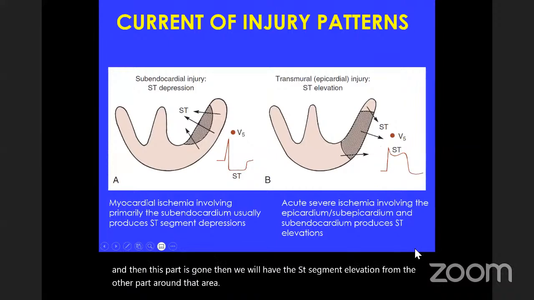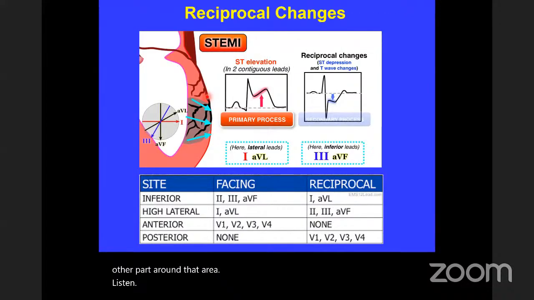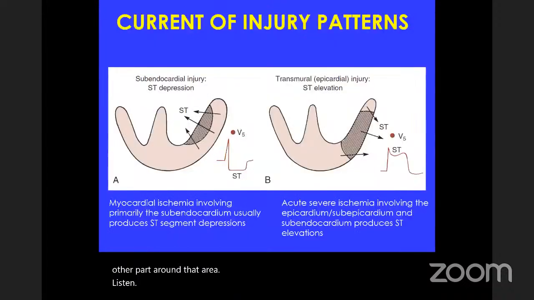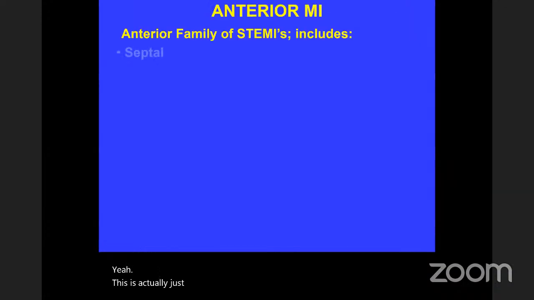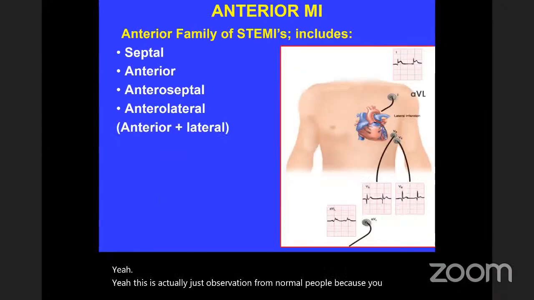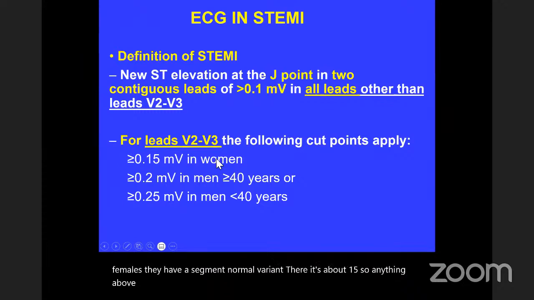Thank you. The other question: you said that in V2 and V3 the criteria for ST segment elevation differ, since normally we may have some degree of ST elevation. Why is it different between young males, older males and females? Yeah, this is actually just observation from normal people, because when you compare something, we look to normal people. Usually in young females, the normal variant ST elevation is about 1.5, so anything above 1.5 millimeters is abnormal.